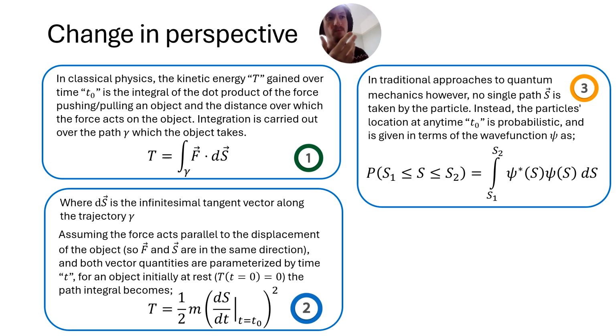So we can think of the probability as the integral of the complex conjugate times the original wave function integrated over the path, so over the possible values of S within the region we are interested in working out the probability of finding our particle in. So quantum mechanics is very probabilistic.